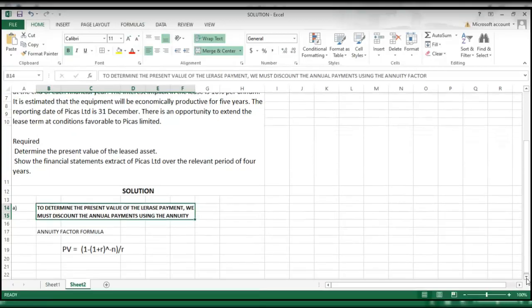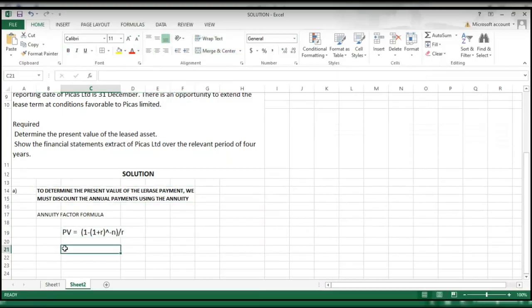So the annual lease payment equals how much they gave us in the question, 75,000 naira. That's what the lessee pays every year.